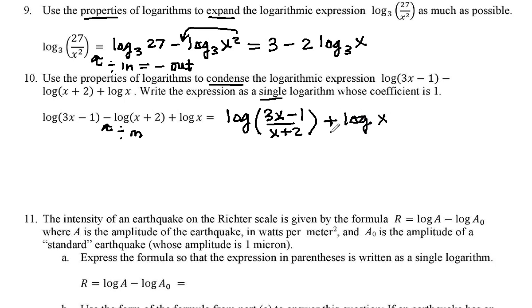And then remember, addition outside the log is multiplication inside the log. So now we can combine these to a single log. It'll be log of 3x minus 1, and then we're going to multiply that by the x on the inside, and then divide it by the x plus 2 still.